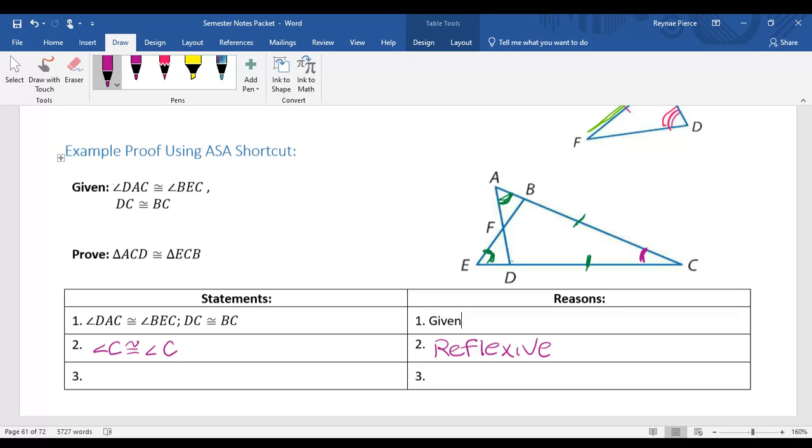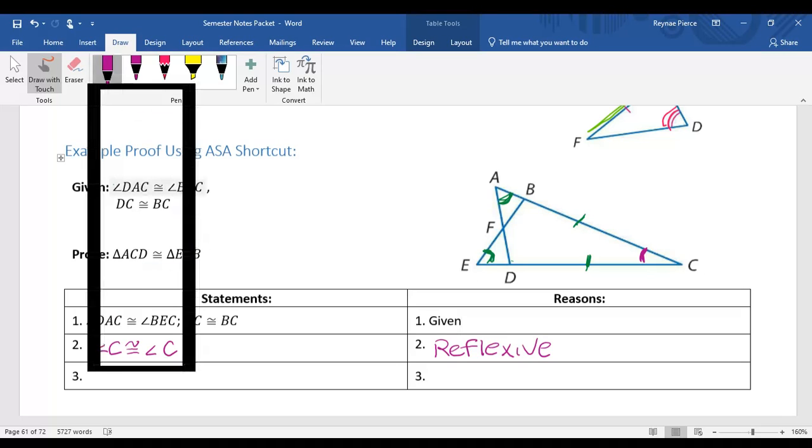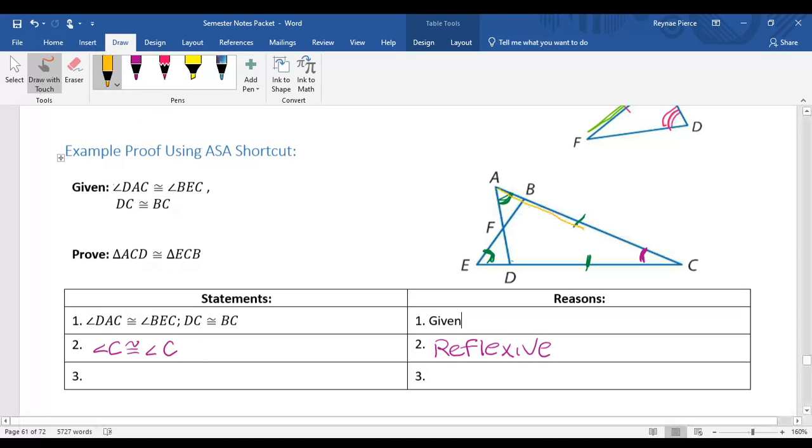Okay, so now I can say triangle ACD, so right here, is congruent to triangle ECB.